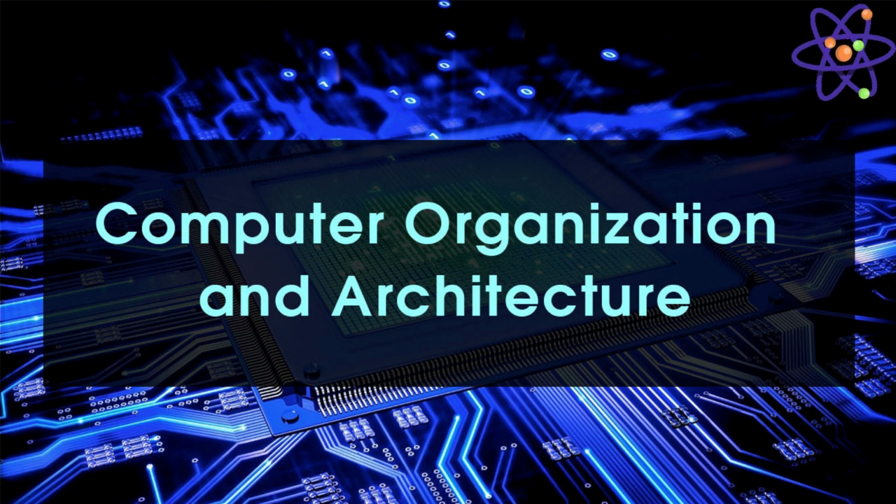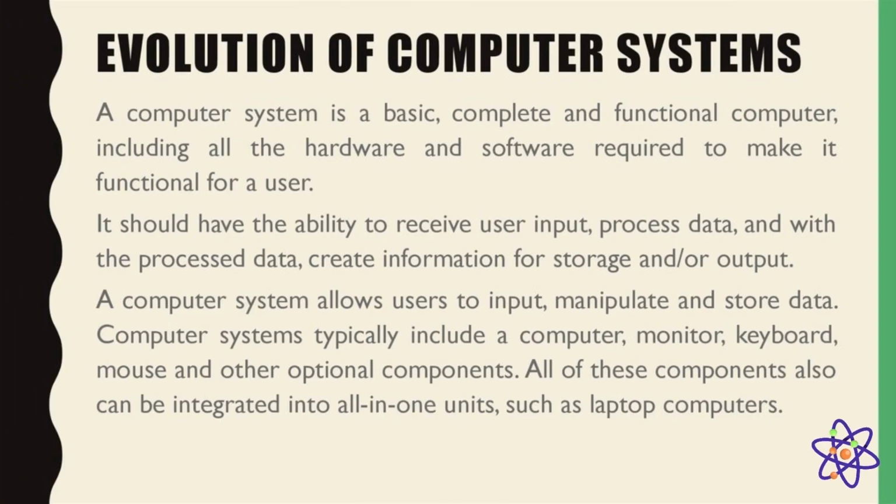Okay. To start with this course, I will come first to evolution of computer system. So we all know that computers have become a part and parcel of our daily lives. We cannot disagree with this fact. We see computers everywhere, that is, some kind of processing unit.